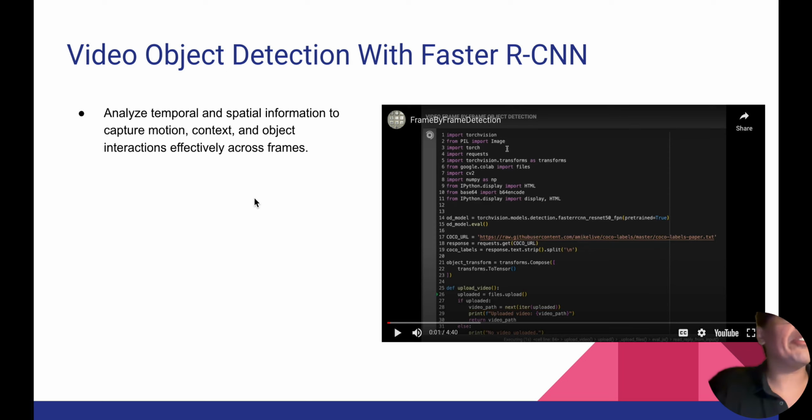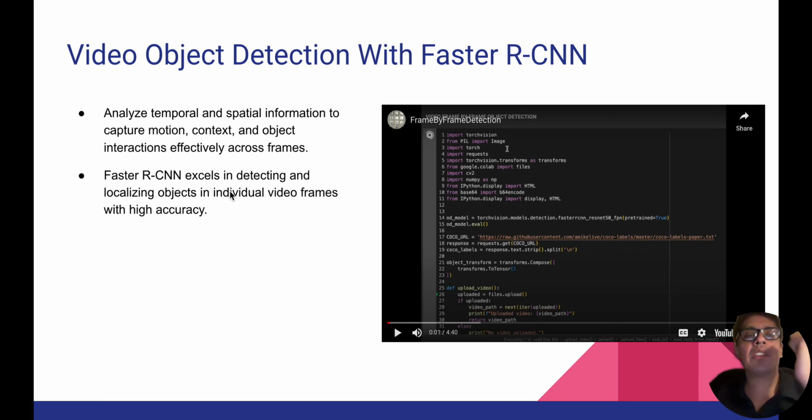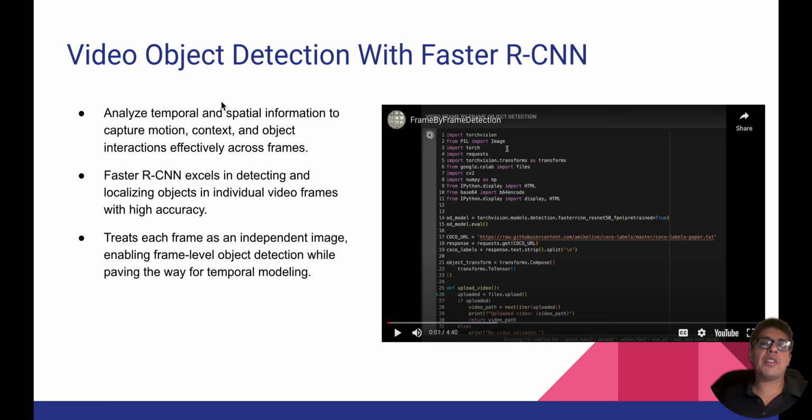Just know that it's an advanced version of the convolutional neural network that allows for region detection and understanding what's happening in regions, thereby enabling object region segmentation. So Faster RCNN excels in detecting and localizing objects in individual visual frames with high accuracy, and treats each frame as independent, enabling frame-level object detection.